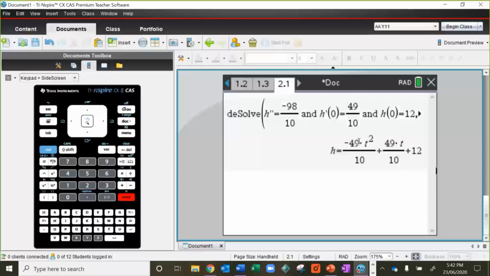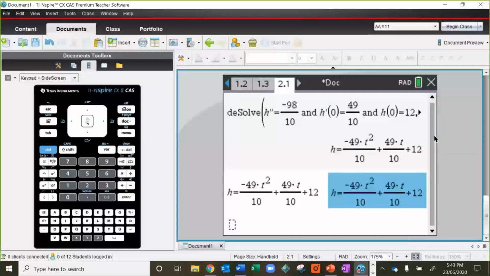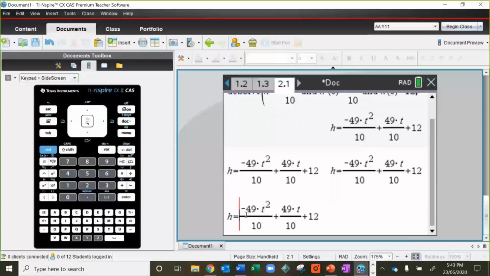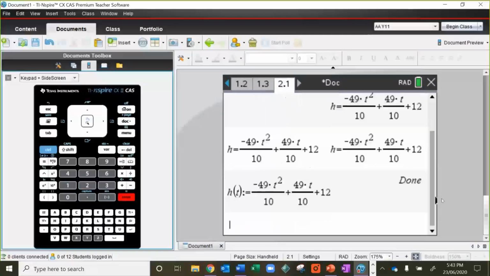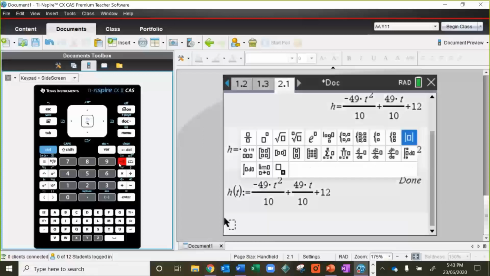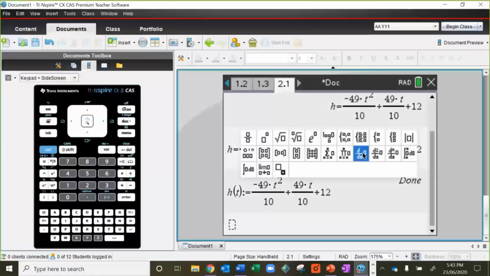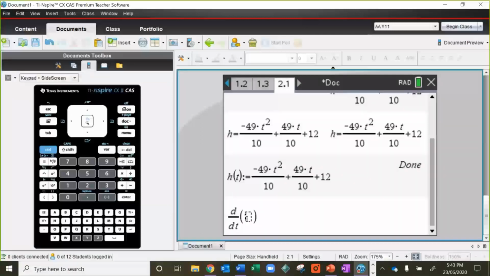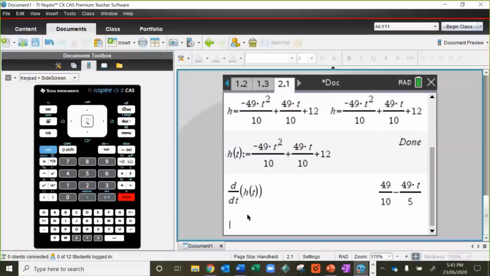If I press enter, as you can see, my h(t) is given in fractional form, which has the advantage that our answer will be exact. Again, similarly as we did previously, to find velocity I will differentiate our h(t) function, and that's velocity at any time.